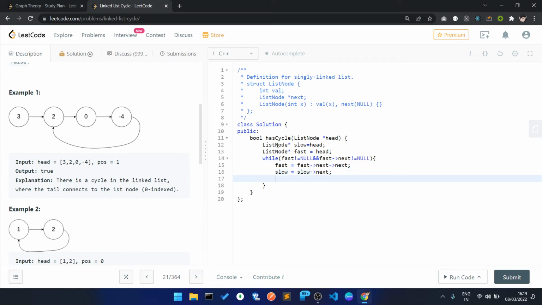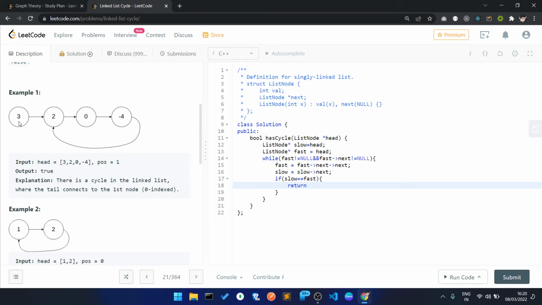So if at any point slow is equal to fast, what does that mean? It means yes, a cycle is present in that case, because without any cycle it's not possible to reach the same node.